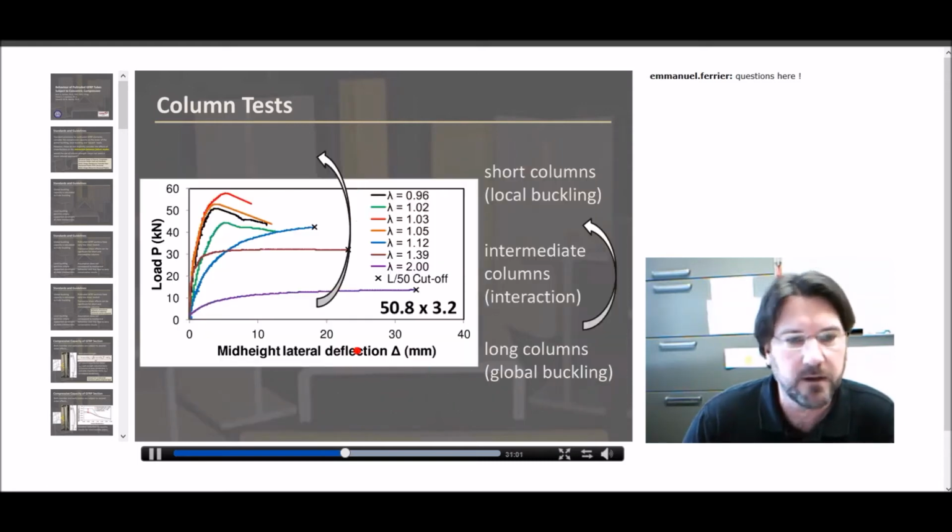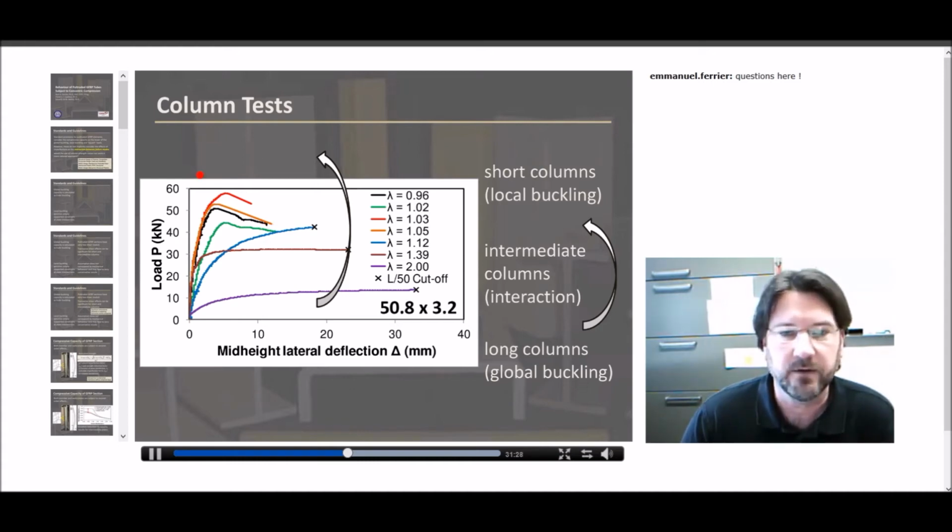And we have a range of behaviors, as we might expect, from very, very long columns. This is our load versus mid-height deflection relationship. Very, very long columns, quite soft, very large mid-height deflections. And as the columns get shorter, we have a stiffer behavior, shorter mid-height deflections prior to local buckling.